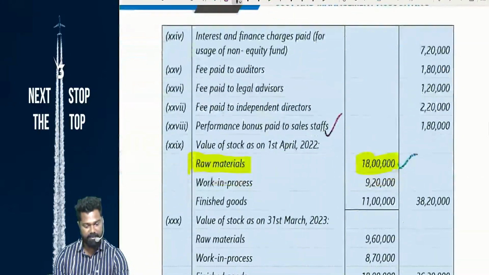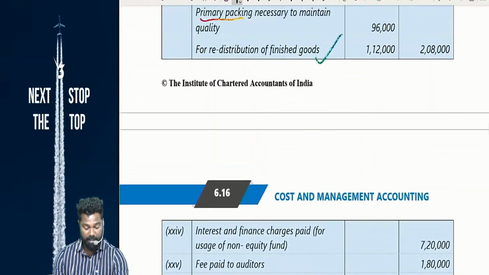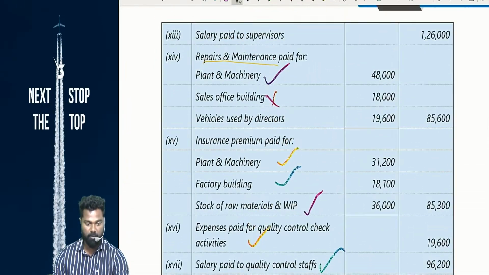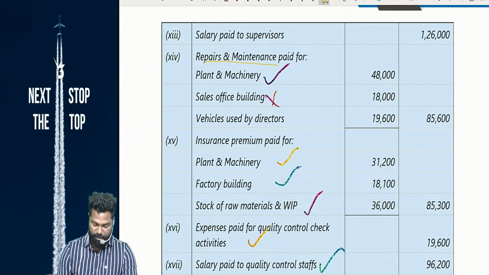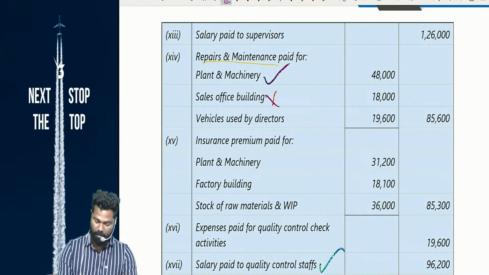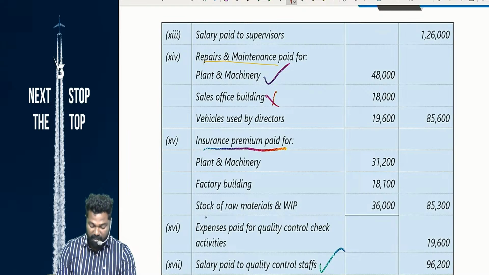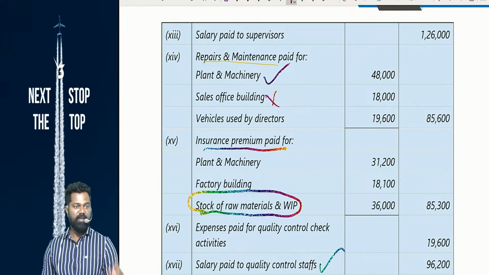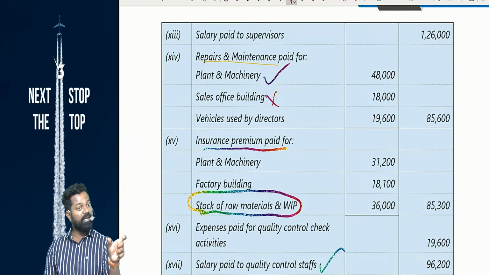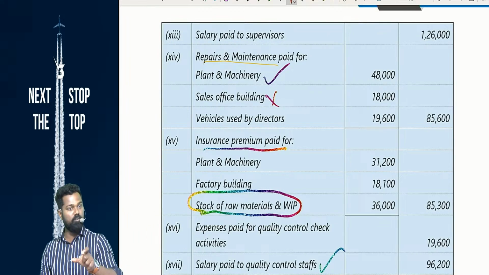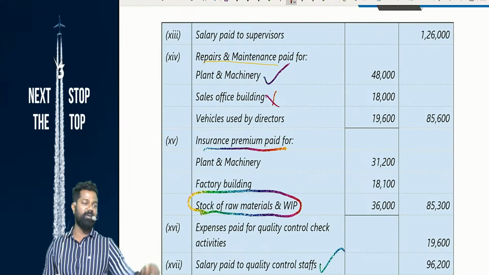Okay. Next. Insurance. Where is insurance? Go through that. This one, right? Now tell me what is given. Insurance premium paid for what? Stock of raw material and WIP. If it were insurance during transportation, or during bringing raw material from supplier to stores department, then that should be considered here.